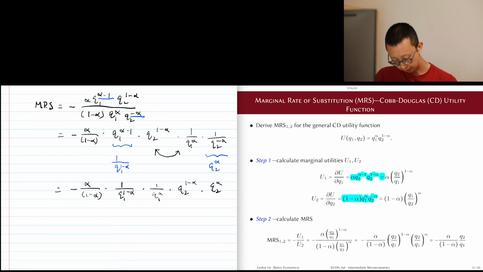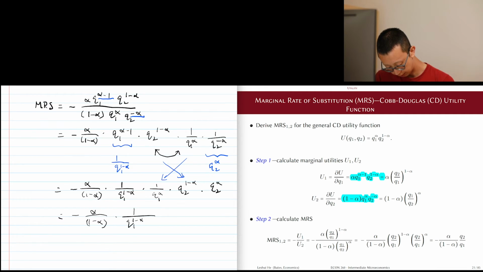Again, you have the same expression because we're just switching the positions of these two expressions. Now with these expressions, I can collect q1 on the bottom and q2 on the top. I would have minus alpha over 1 minus alpha times 1 over q1 to the power of 1 minus alpha times q1 to the power of alpha.